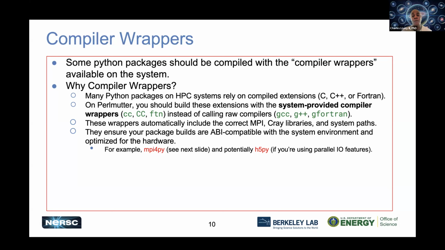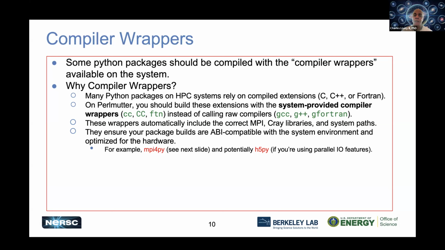So, a lot of different compilers, whether it's C, C++, or Fortran, are made use of with different system-provided compiler wrappers instead of the traditional GCC or gfortran. So this allows you to ensure that you have the right compiler that matches the appropriate MPI or appropriate Cray library as well.